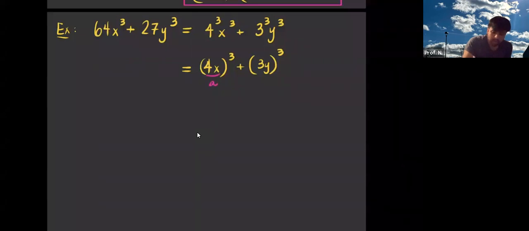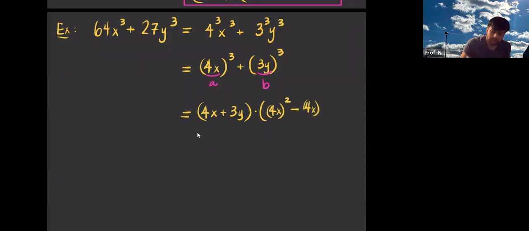This is A, this is B. So now this becomes 4x plus 3y, A plus B, times (4x) squared minus 4x times 3y plus (3y) squared. And let me move this a bit more to the left.